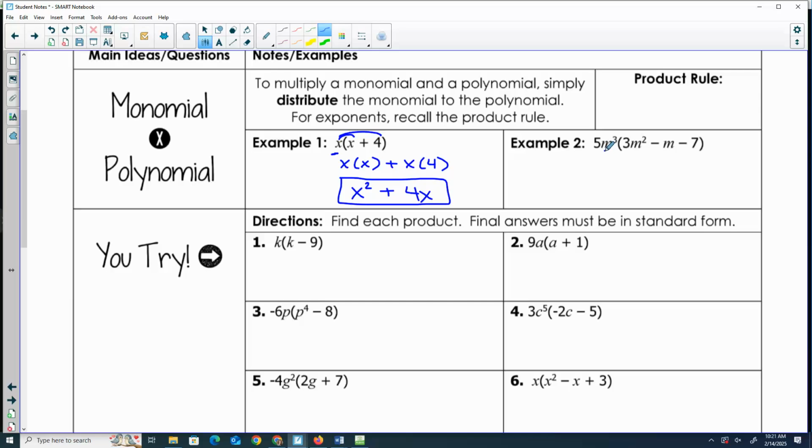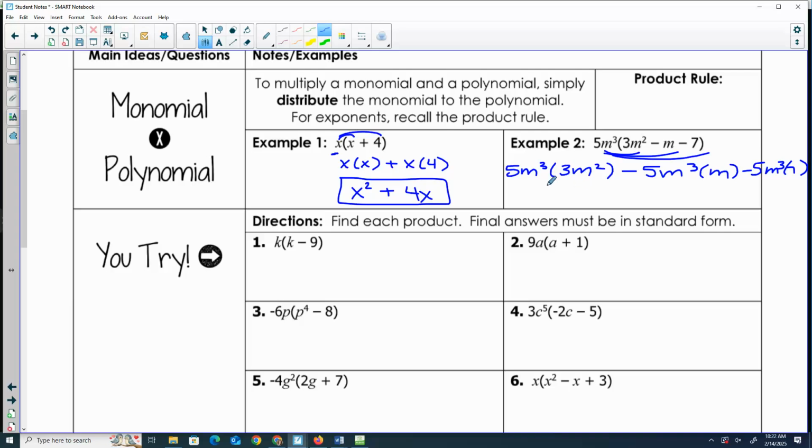So if I look at this one, we have to distribute this to 3 terms because I have 3 things being multiplied on the inside. So this step you don't necessarily have to write out, but I'm going to for a couple problems just to show you what I'm doing. I'm taking 5m cubed times each of these. So 5m cubed times 3m squared.